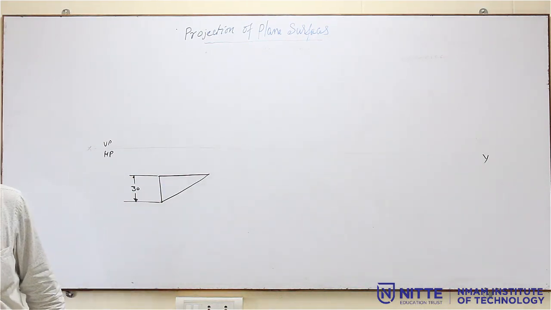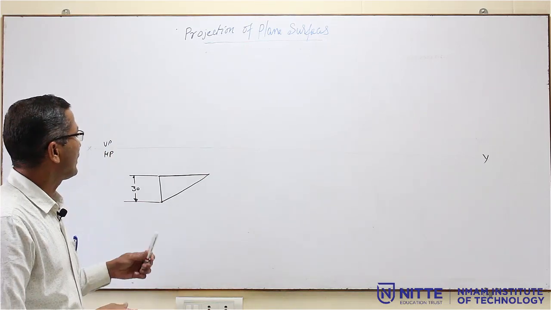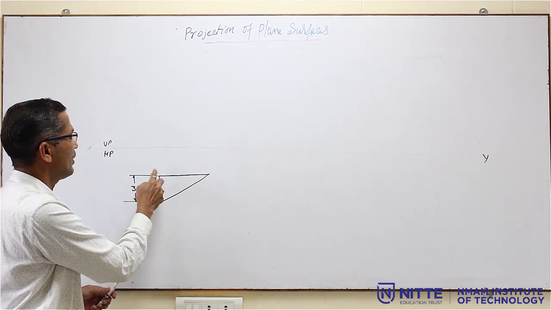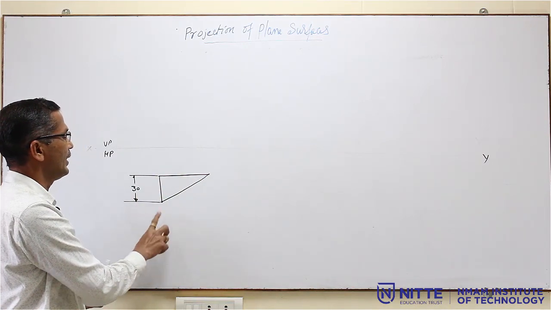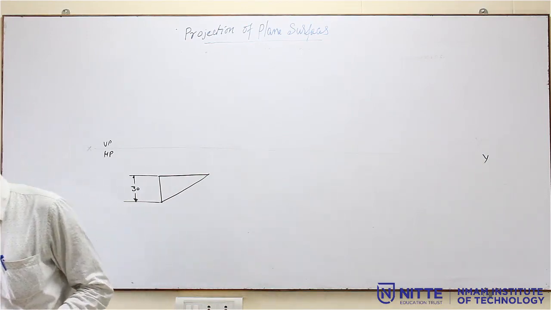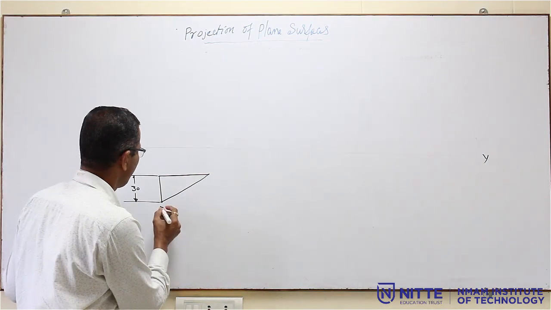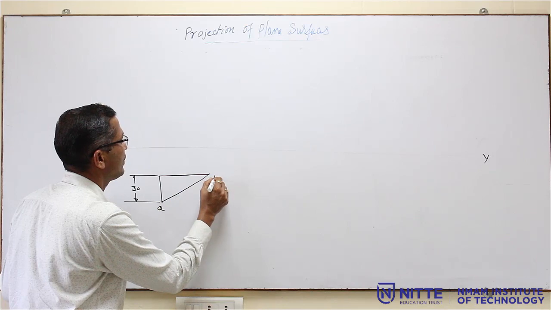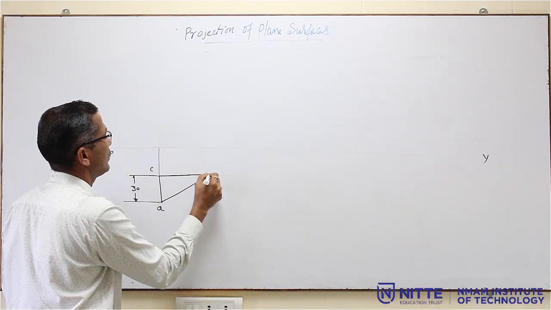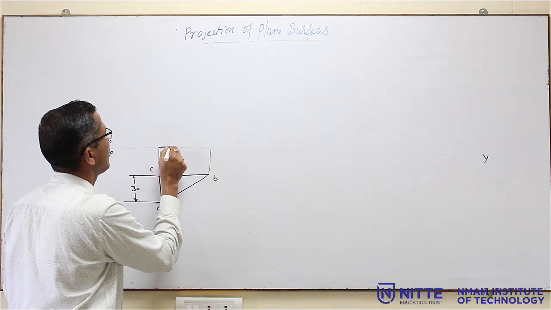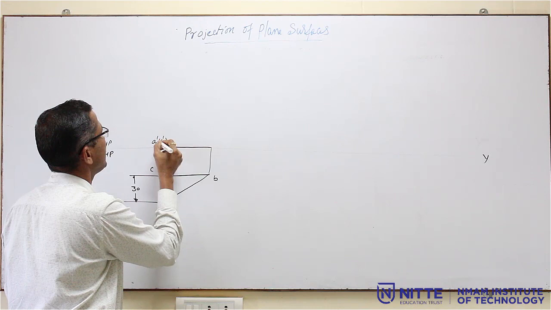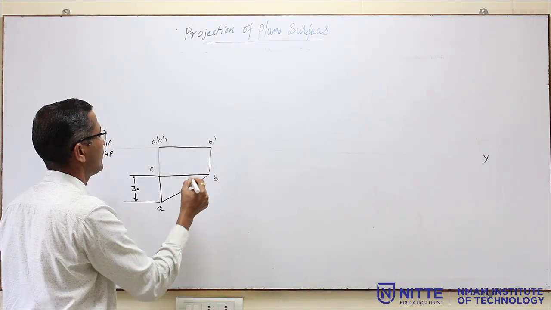Now, the same problem we may give in the other way, resting on the longest side, then you have to start with this line. You have to draw the longest length, that length will be given. Then name this and draw the front view of this: A dash, C dash and B dash.